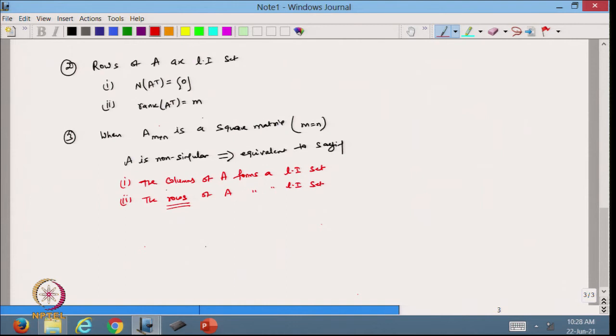Now, using this, it is very clear, so I can discuss the proof. Columns of A form a linearly independent set and rows of A form a linearly independent set. So, we can say that suppose I have the matrix A, that is an M cross N matrix.